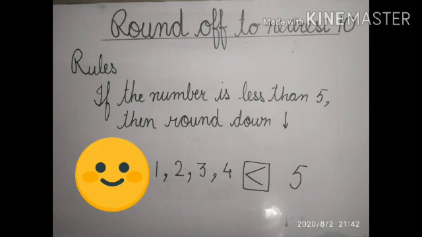So, we will round down these numbers to the nearest 10. That is the smaller 10. Because the numbers 1, 2, 3, 4 are considered as weak numbers, they round down to the nearest 10. Understand? Let me explain it with the help of an example.